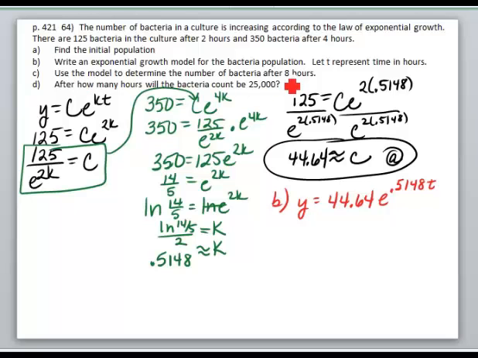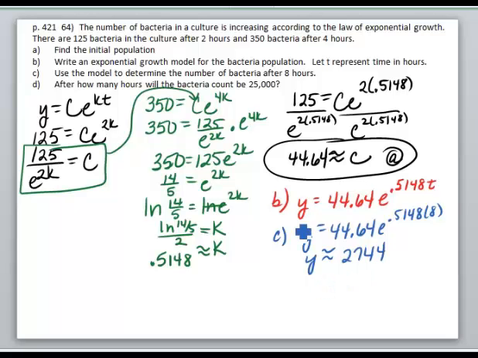We're supposed to use the model to determine after 8 hours. So I will plug in 8 for my time. And when you plug that into your calculator, you will get an approximate answer of 2,744.